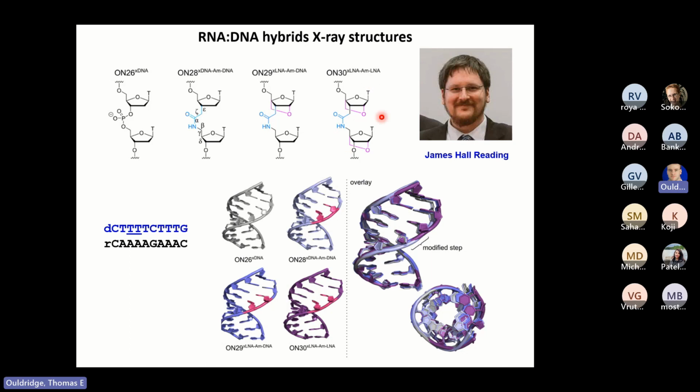So this is the most extreme example, where we have LNA on both sides of the amide, and we compared it all the way back to the unmodified DNA-RNA hybrid.